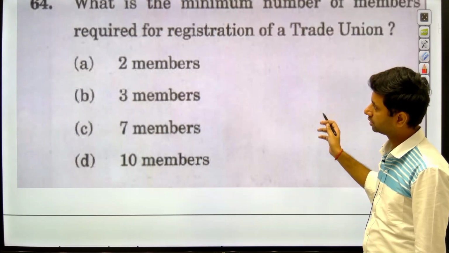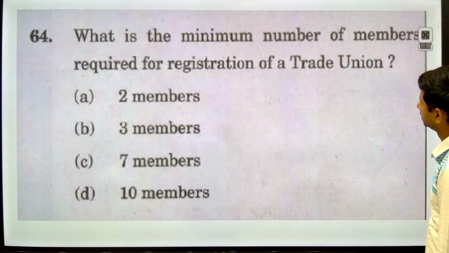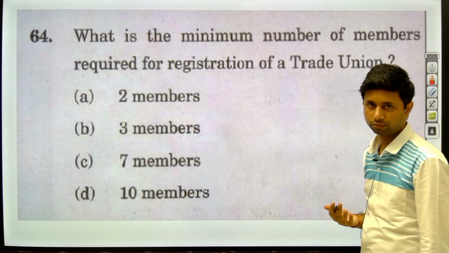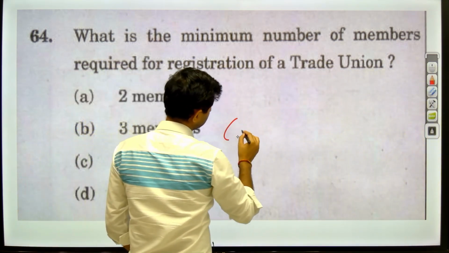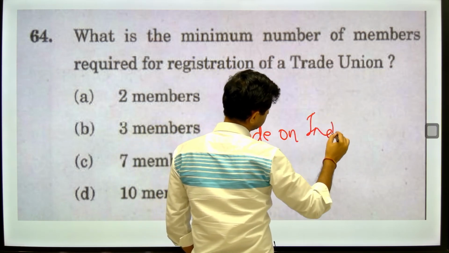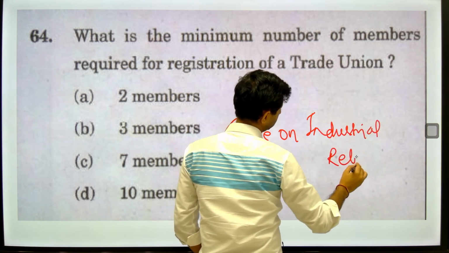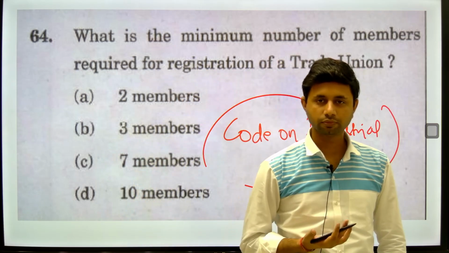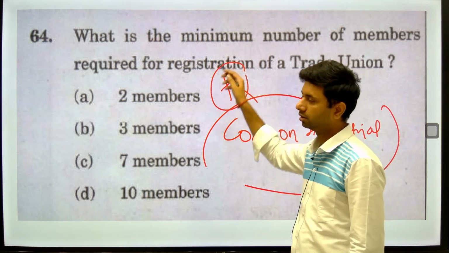Let's move on to the next question, which is about the minimum number of members required for the registration of a trade union. As you all know, as per the Trade Unions Act and also as per the Code on Industrial Relations, a trade union in our country has to be registered first in order to properly function within the organization.